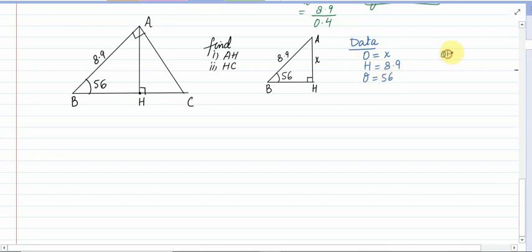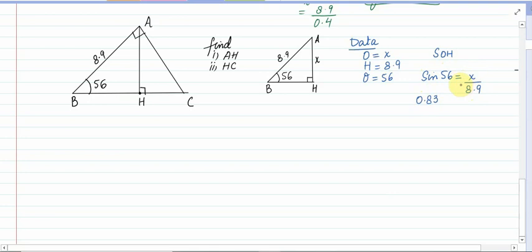Opposite and hypotenuse comes in sine, so sine of angle 56 is equal to opposite divided by hypotenuse, right? So sine 56 is 0.83.